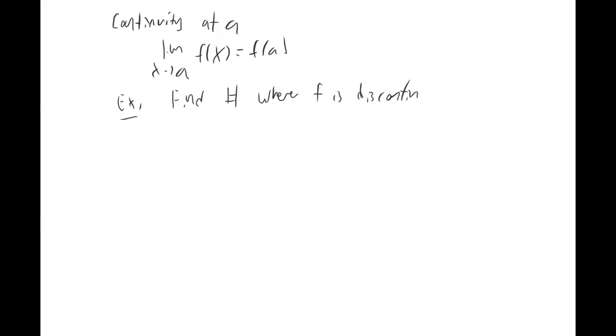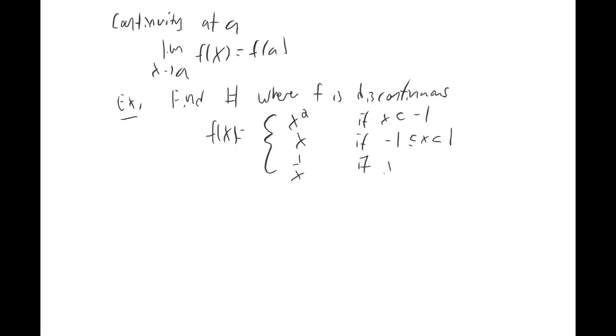Suppose they give you f(x) is x squared if -1 less than or equal to x less than 1, and then 1 over x if x is bigger than or equal to 1. I took this one from the book.